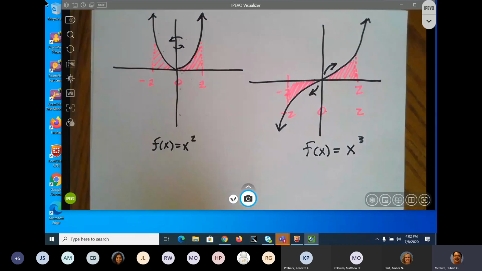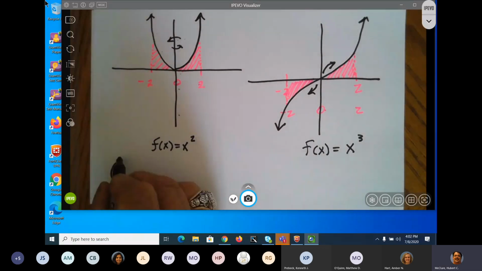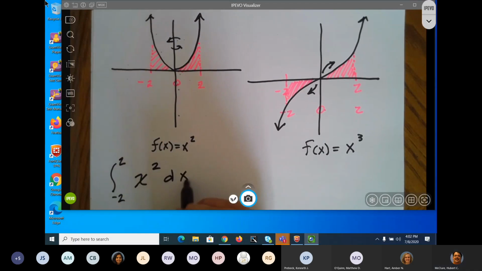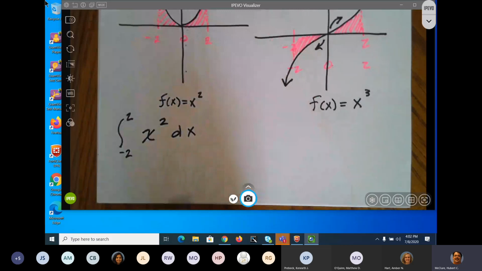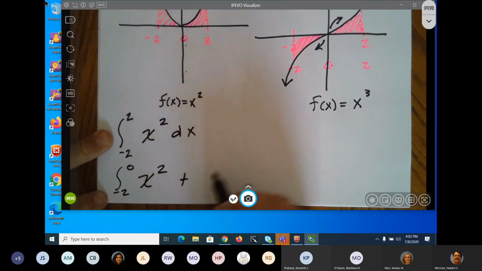So you can set this one up as the integral from -2 to 2 of x squared dx. Or you could set it up from -2 to 0 of x squared plus 0 to 2 of x squared.